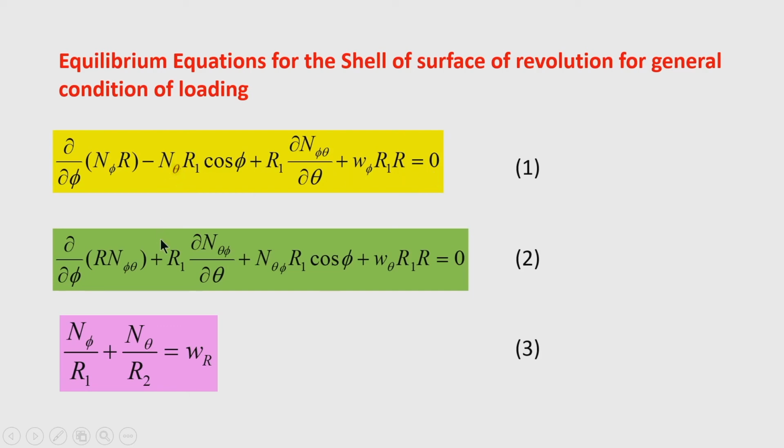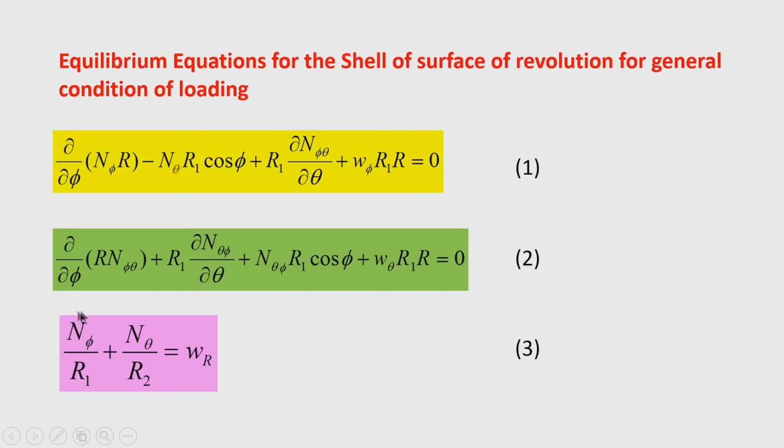Second equation is along the theta direction, that is the direction of tangent to the parallel circle. So, this equation is del by del phi into r n phi theta plus r 1 del n theta phi by del theta plus n theta phi r 1 cos phi plus W theta r 1 r equal to 0.